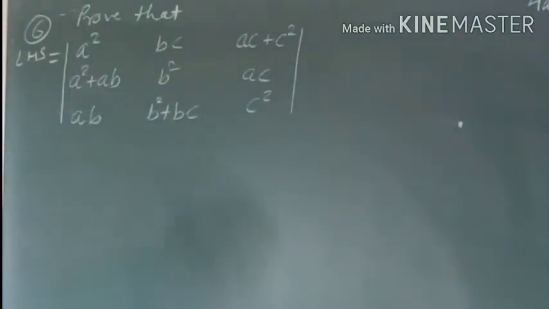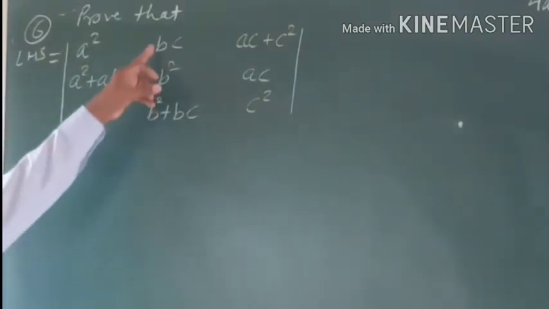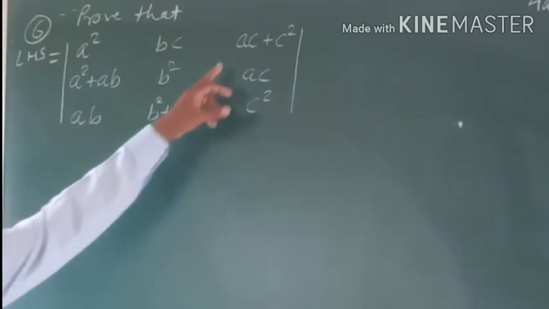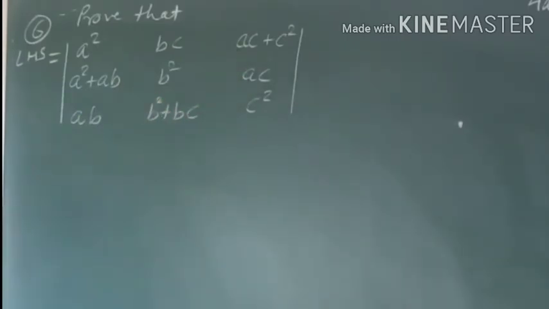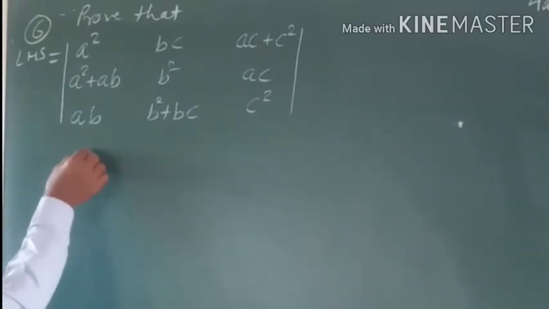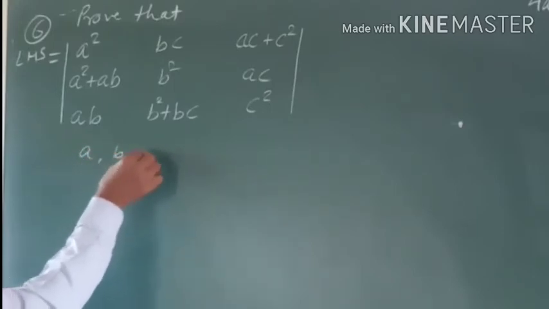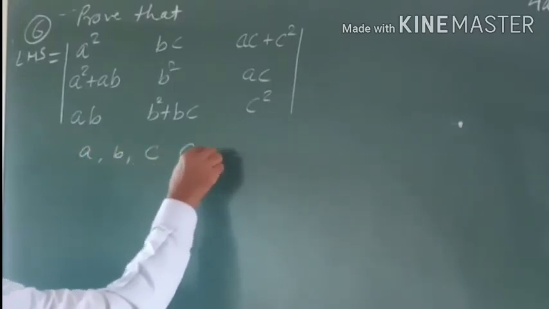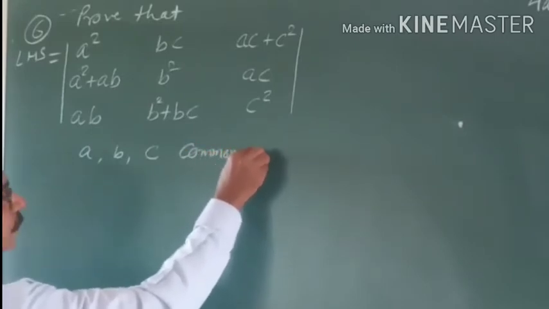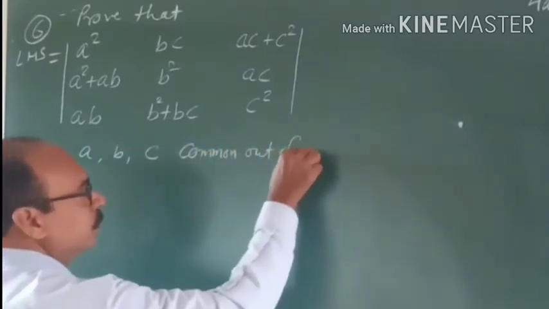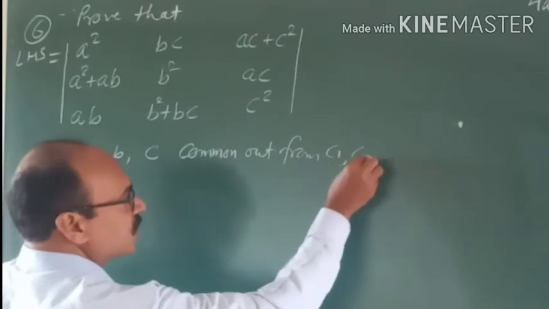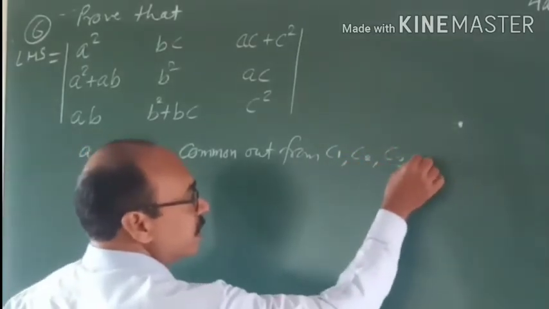Observe this determinant. Here we are observing that in the first column a is common, from the second column b is common, and from the third column c is common. So taking out common a, b and c from C1, C2 and C3 respectively.